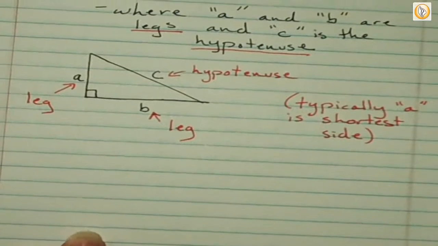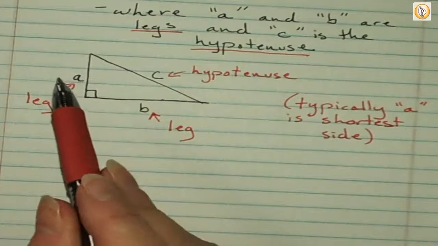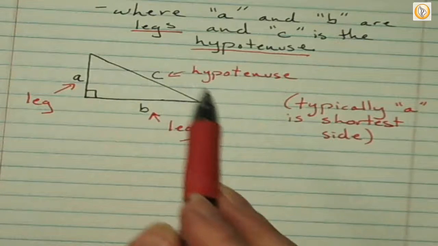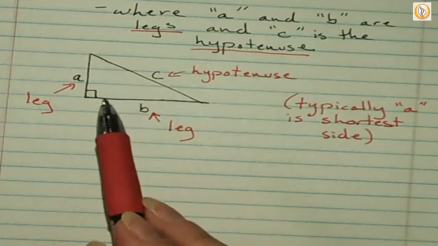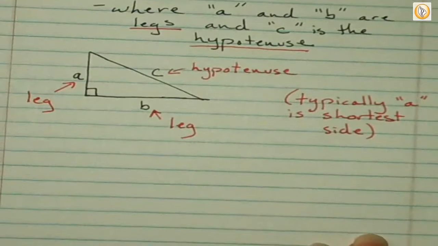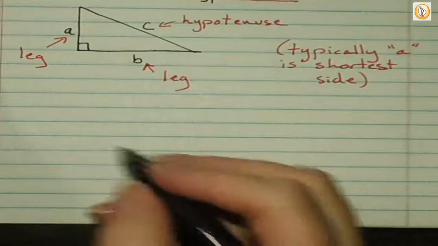So you gotta learn: A, shortest side, typically. B, these are both called legs, and the hypotenuse is the longest side there. B and C kind of look the same, don't they? Now, just a refresher, we're going to be doing a lot of this.